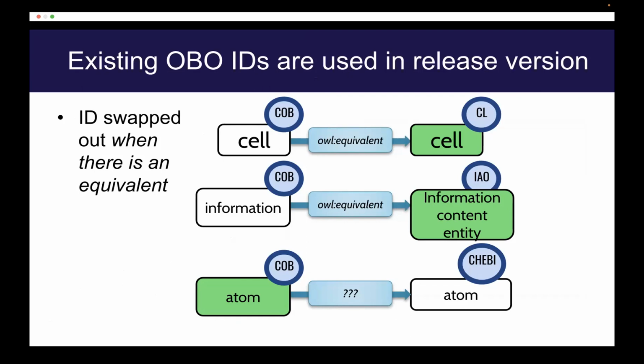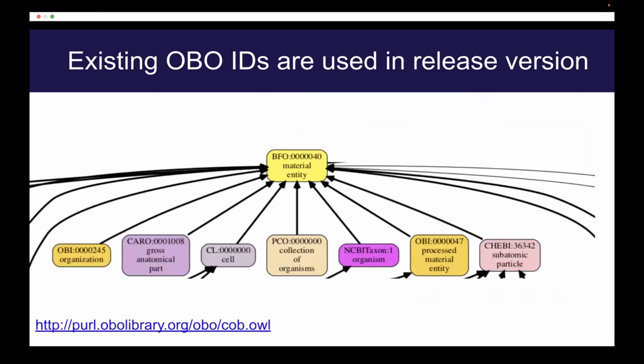So if you download COB, it looks something like this: a curated assemblage of the top-level terms within OBO, and where appropriate, linking up to other broader concepts. We do make use of a subset of BFO here. So all of these top-level OBO root nodes, cell, organism, gross anatomical part, are subclasses of the BFO concept for material entity.